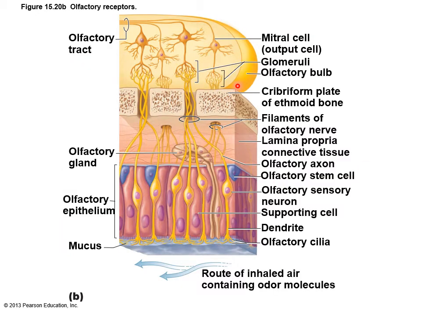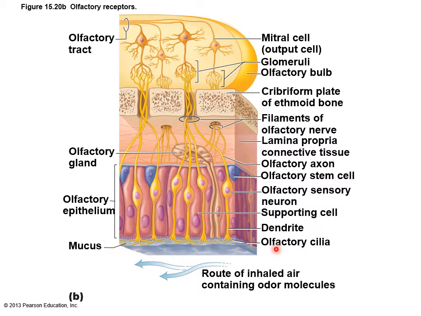So if you look at this a little bit closer, you'll see that this is the olfactory epithelium, and your olfactory cells are actually bipolar neurons that are embedded in these supporting cells, and then there's a mucus lining.